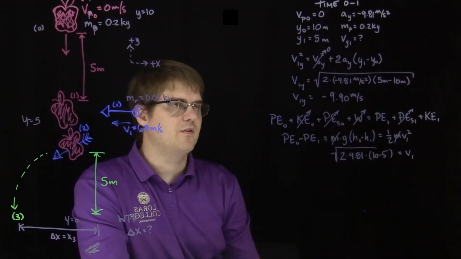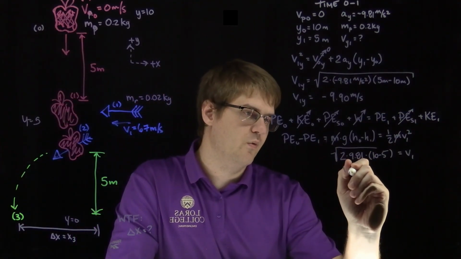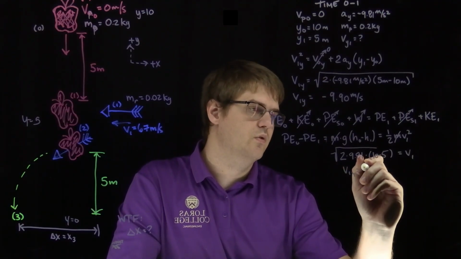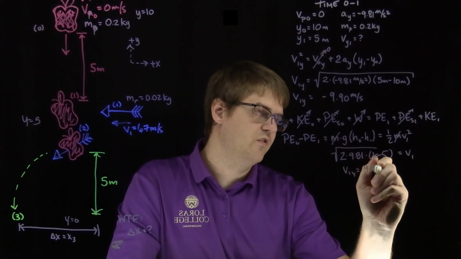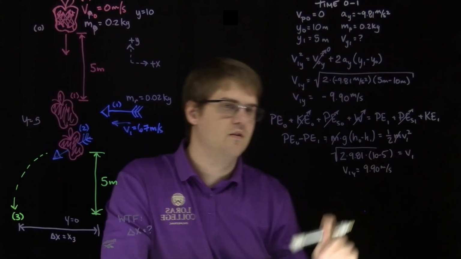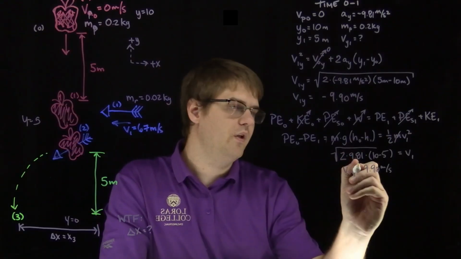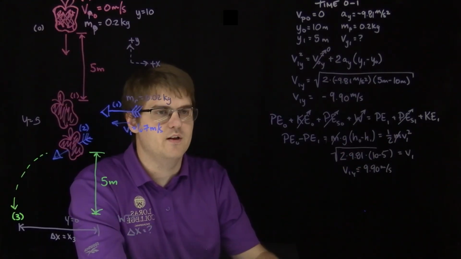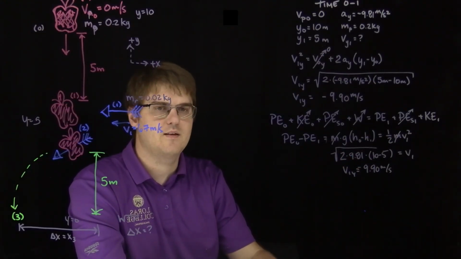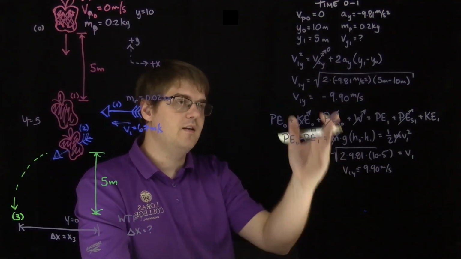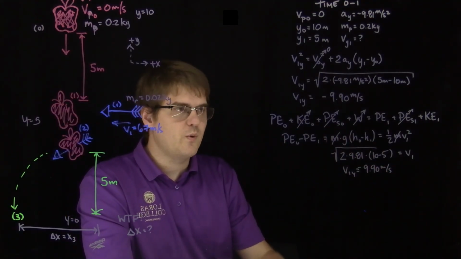It's going to give me the same answer. So it's going to give me velocity 1 in the y is equal to 9.90 meters per second. And energy doesn't matter what direction it is. So in this case, we just have to fill in that we know there's a negative sign there because we know it should be acting down. So that is our other way of solving this.